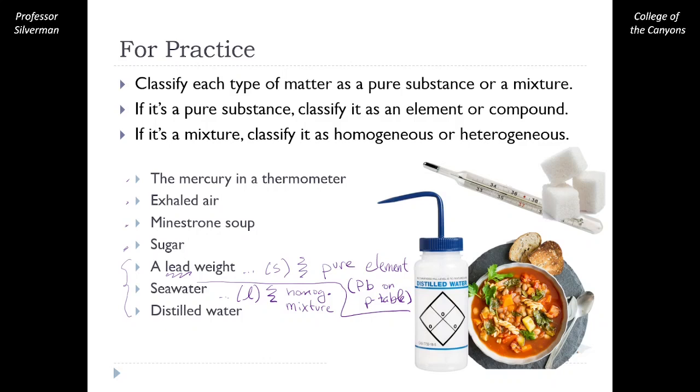Although if you wanted to say that your seawater contains little bits of seaweed and maybe a fish swimming around, that could technically be called heterogeneous. So either way could be okay, but you would want to defend your answer maybe with some logic.